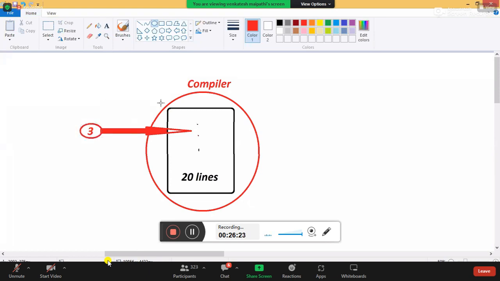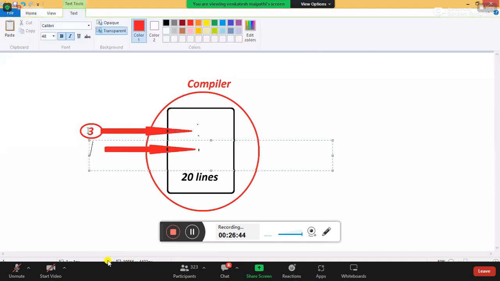It records that and goes forward. Then lines 4, 5: there is a problem in line number 5, and it records it.